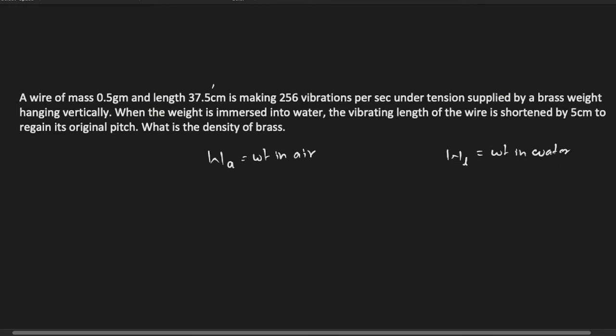Now when the brass weight was hanged vertically on the wire in air, at that time the length of the wire is taken as 37.5 cm or 0.375 meter to have the fundamental frequency as 256 vibrations per second, and the mass of the wire is 0.5 gram, that is 0.5 into 10 power minus 3 kg.